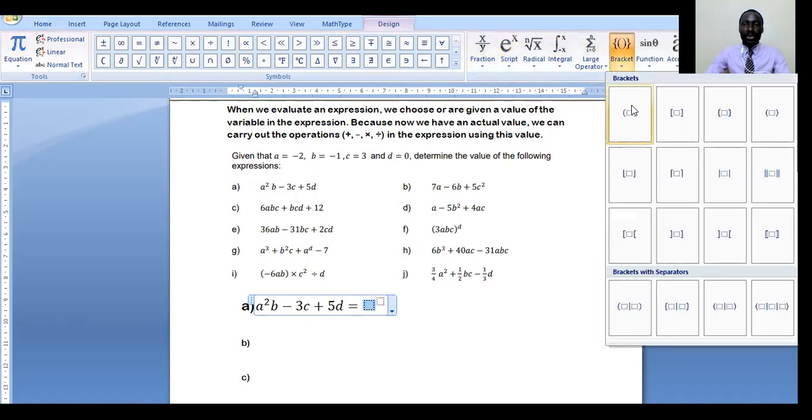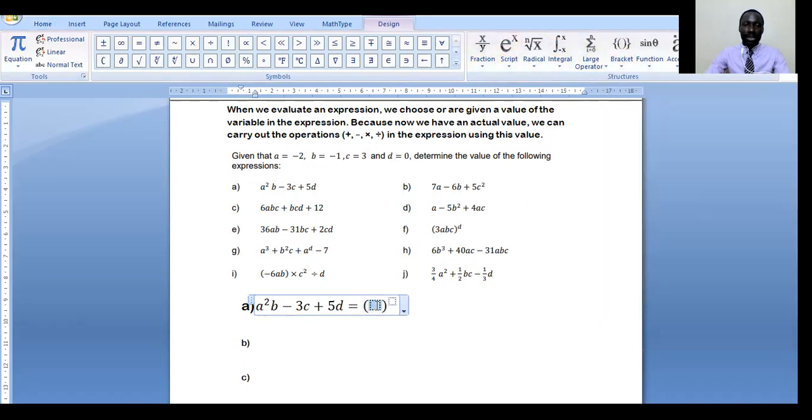Now, notice that to avoid having problems, it's going to be safer for us to put the values that have negative signs inside the bracket. This will help us when we are evaluating and multiplying, because when it's inside the bracket, it's a lot easier to see that the negative is part of the quantity to be squared.